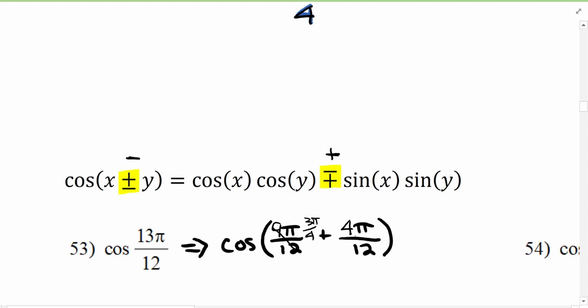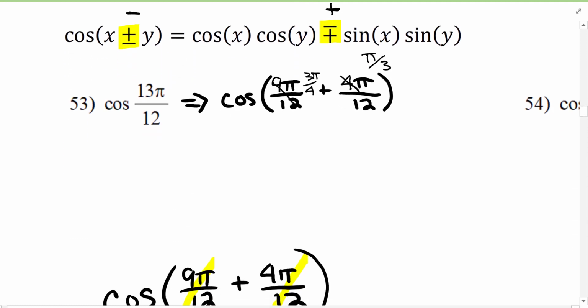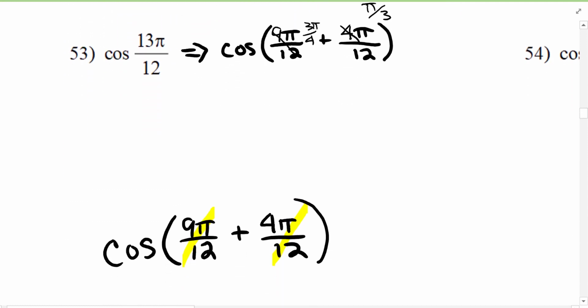And then 4 pi over 12, that just cancels to pi thirds again. And I think that's what I did. Yeah. So they both share a 3. That cancels to 3. That cancels to 4. So 3 pi fourths is the first. And that cancels to 1. That cancels to 3. So pi thirds is the second.